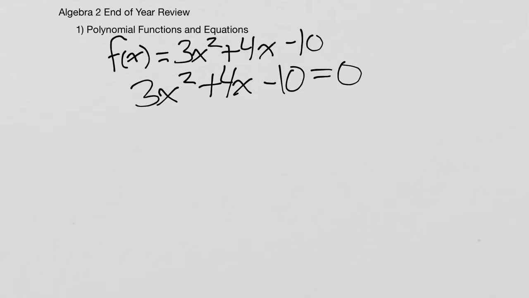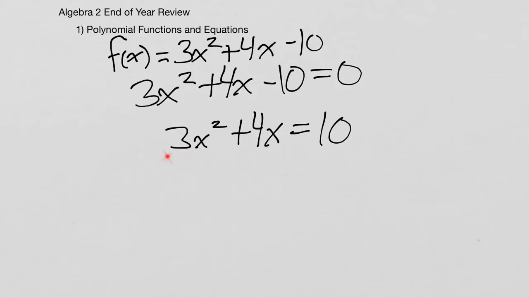So something like 3x squared plus 4x minus 10 equals 0. And then there would be a number of ways that you would come up with solutions for an equation like that, right? Another thing that you might have is something like 3x squared plus 4x equals 10. It might come in this form right here.